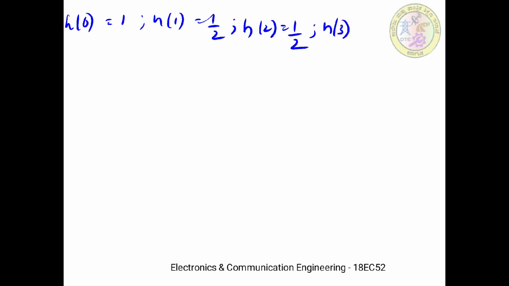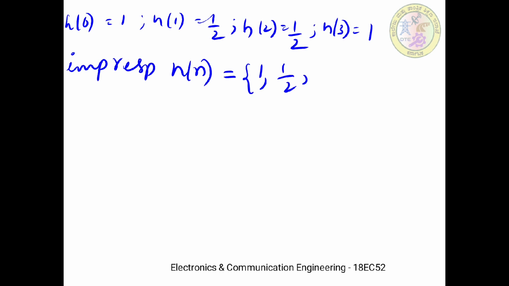So now I can write that h(0) is 1, h(1) is 1 by 2, h(2) is also 1 by 2, and h(3) is equal to 1. Therefore the impulse response h(n) is 1, 1 by 2, 1 by 2, 1. Okay, so this is the impulse response that is derived from the given system.